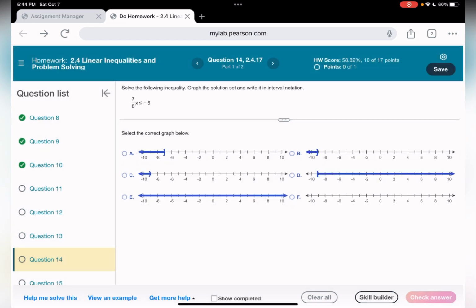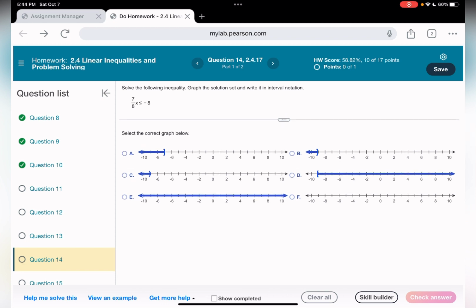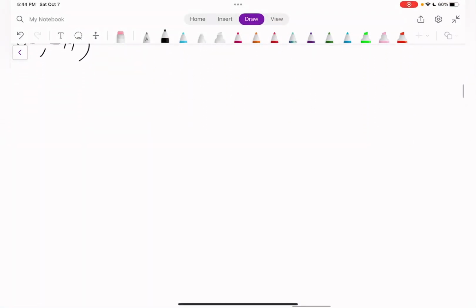Let me do number 14. 7 over 8 x less or equal negative 8. So what do we do here?